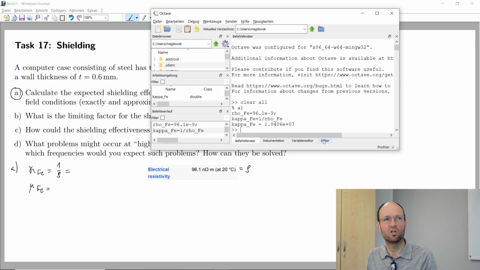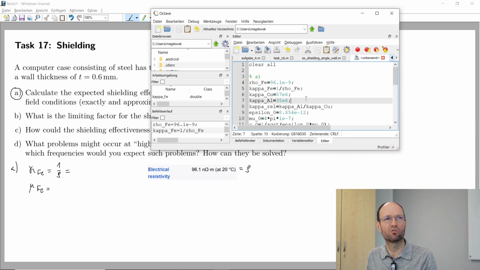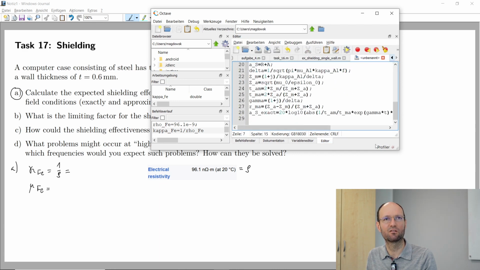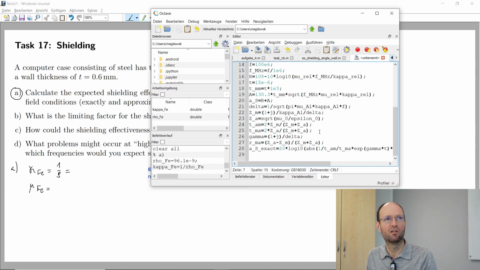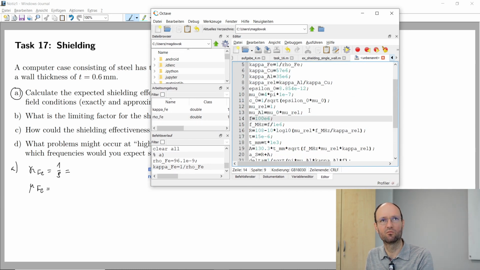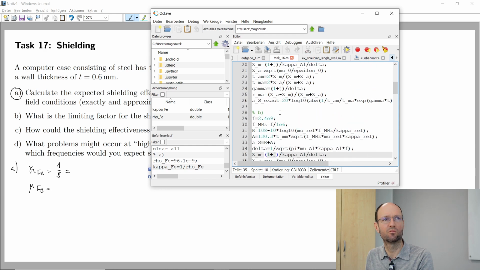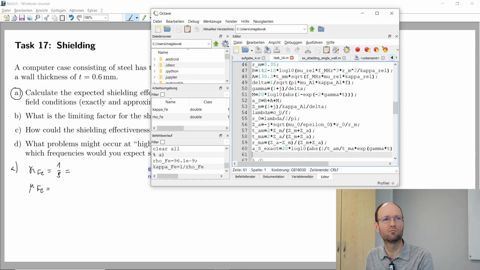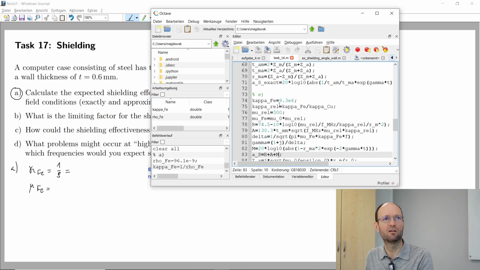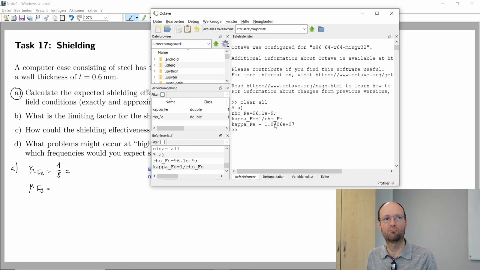And yeah, this also somehow makes sense, because if you remember in the other exercise task about shielding, in one of these subtasks somewhere, for the task 16, we also used a steel wall, and for the steel there we used 9.3 times 10 to the power of 6, and now here we got something like 10.4 times 10 to the power of 6, which is in the same range or same order of magnitude.